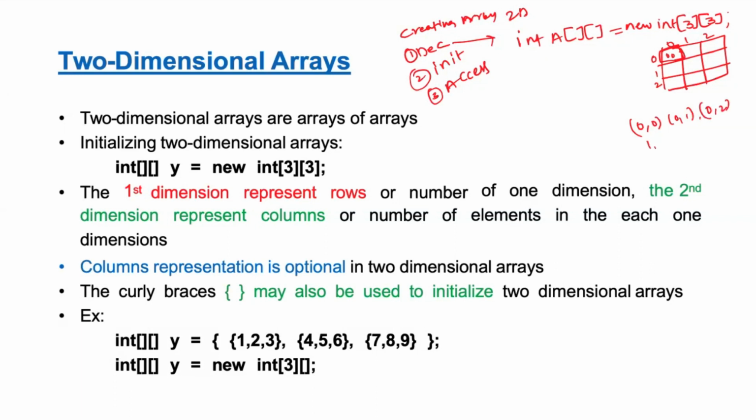Similarly 1, 0, 1, 1, and 1, 2, and 2, 0, 2, 1, and 2, 2. These are the locations how we can write. For example, this one is the 2, 2 element. In this way, the locations will be given.